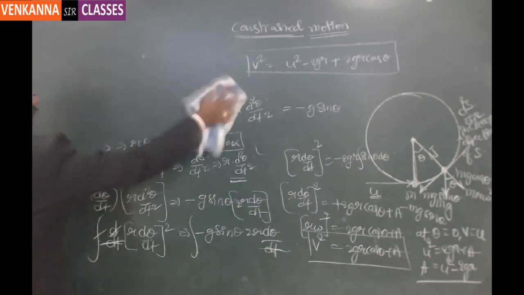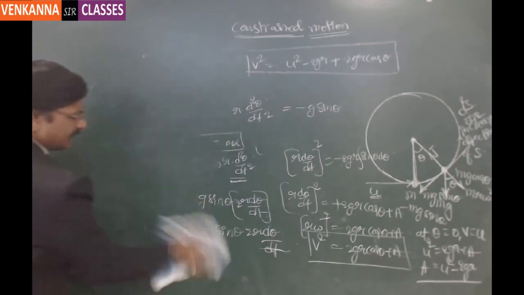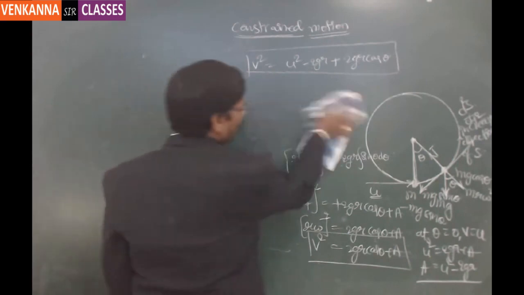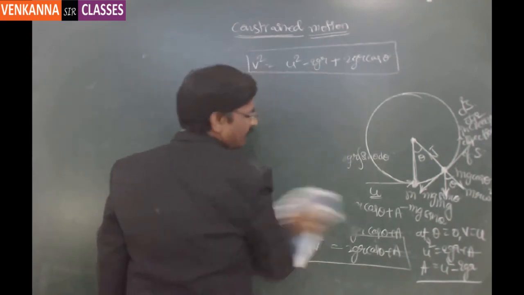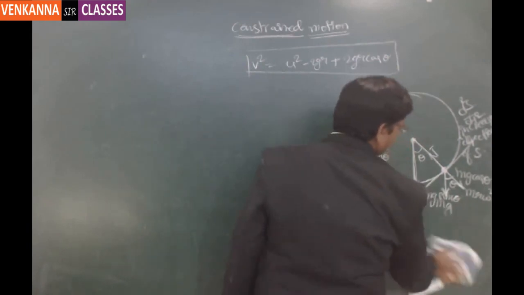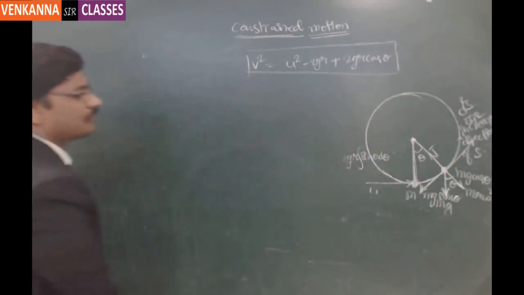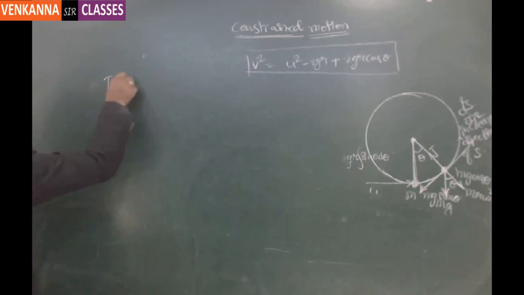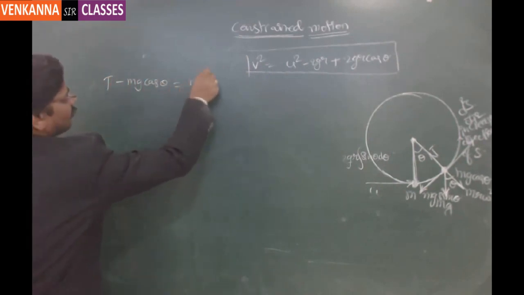So in the radial direction, there are three different forces that are acting on it. One is the centrifugal force, which is away from the center, and the tension towards the center, and mg cos theta, which is away from the center. That means T minus mg cos theta is equal to mv square by r.